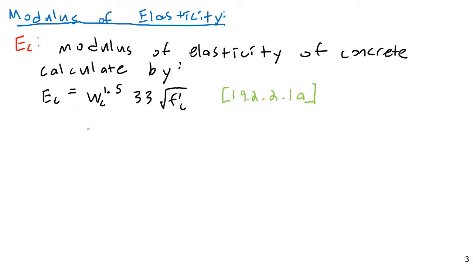But anyway, wc is the weight of your concrete, and you feed this in pounds per cubic foot, and this returns a result in PSI. You input f'c in PSI here.